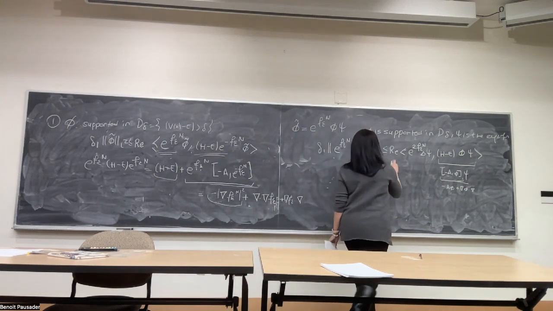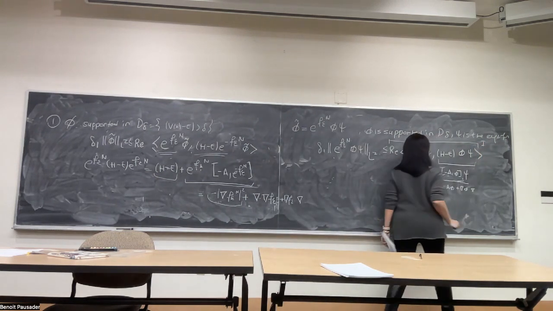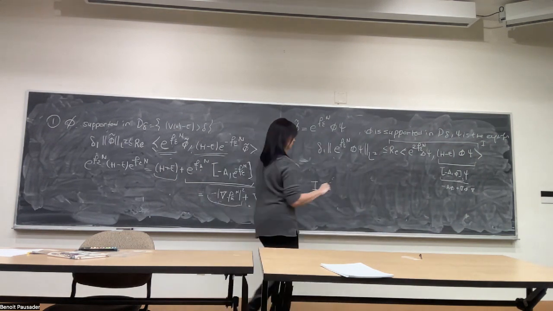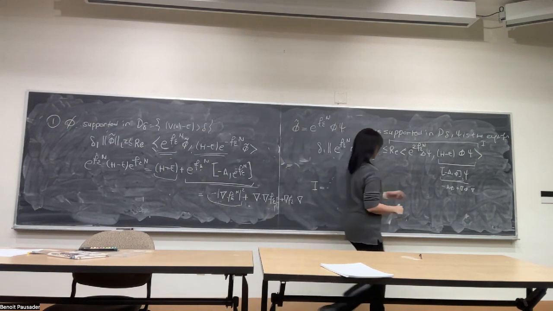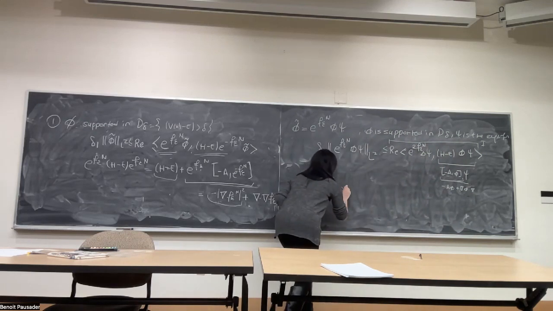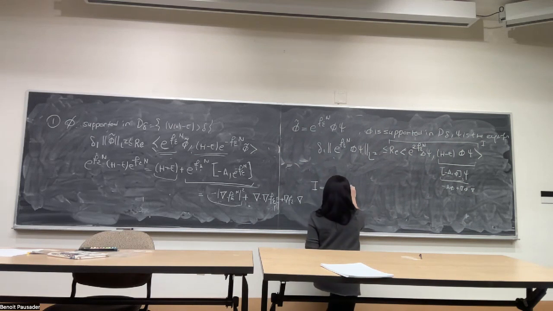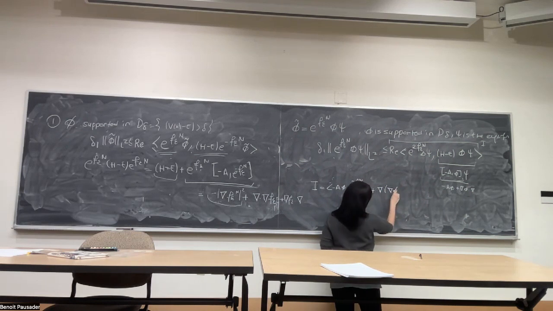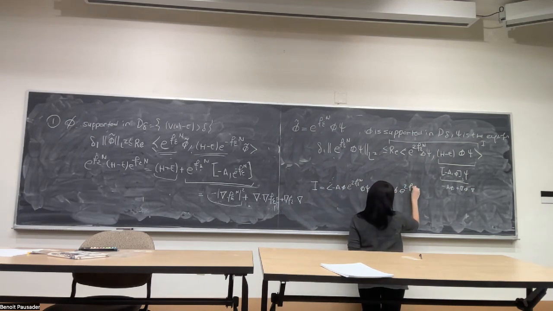Okay, so if I call this one I. Now I will be equal. I'm just taking these guys and putting them on the other side, so I will have 5 e to the 2 f e and 3 5c plus gradient acting on 5 e to the e and e5 5c.